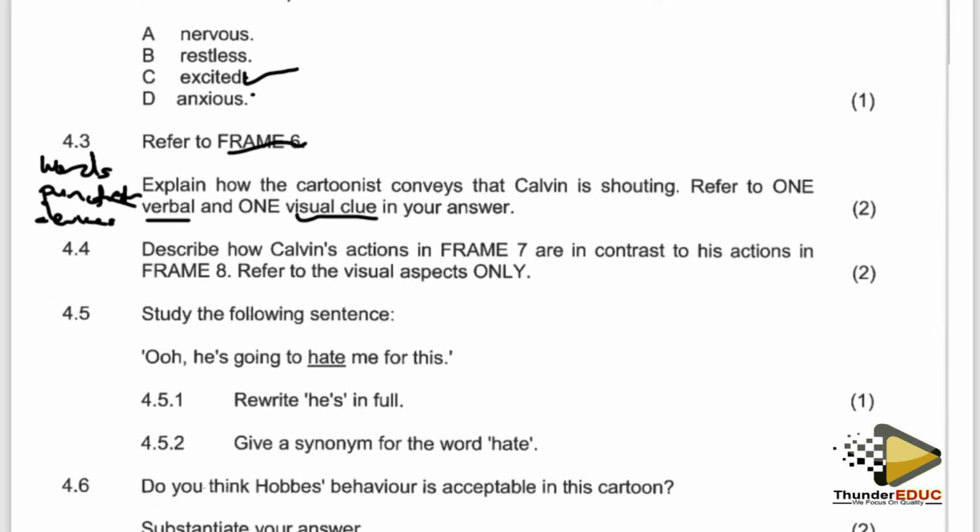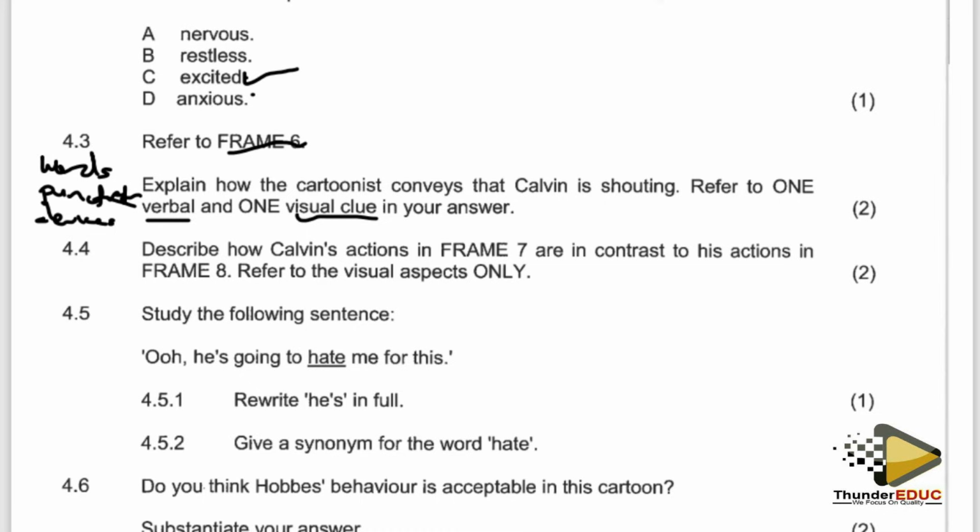Start with the following sentence. Oh, he's going to hate me for this, it says. He is going to hate me for this. Rewrite "he's" in full. That is a contraction. So he is what we're supposed to have in full. It's supposed to be he is. So that's what we'll have as the contraction there.